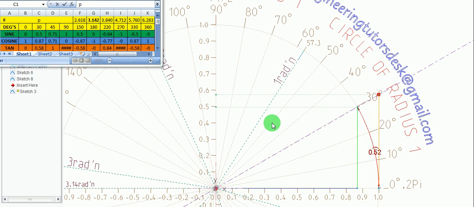Now start measuring the height of sine. Sine reads approximately 0.5 at 30 degrees or 0.52 radians. Let us cross check.